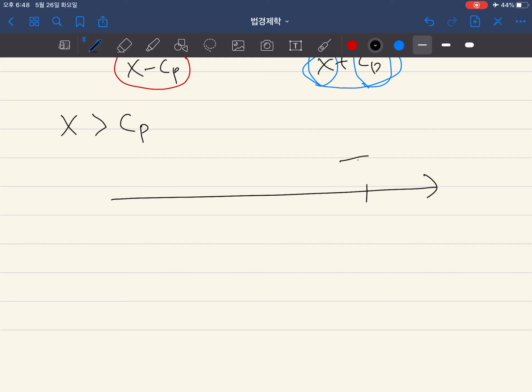So when they go to trial tomorrow, plaintiff's payoff is X minus CP, and defendant's cost is X plus CD.